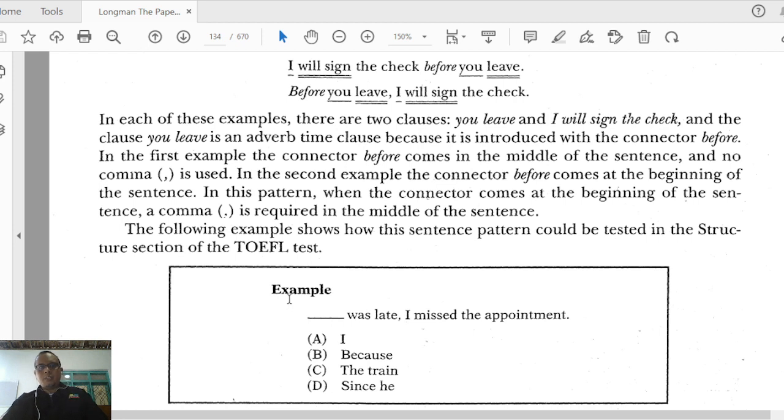In this pattern, when the connector comes at the beginning of the sentence, a comma is required in the middle of the sentence. Okay, just remember, whenever the connector comes at the beginning, the sentence needs a comma, ya. Jadi kalimatnya harus butuh koma. Okay, it's required in the middle of the sentence.